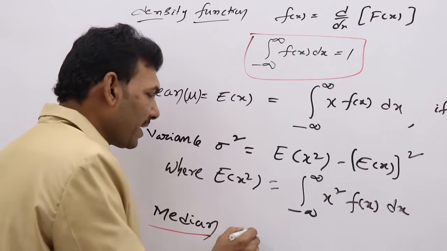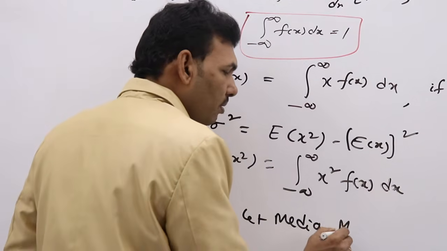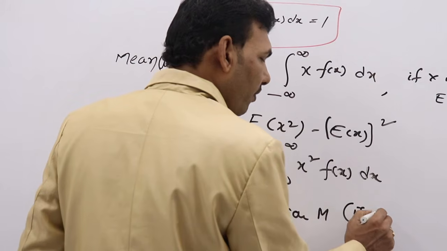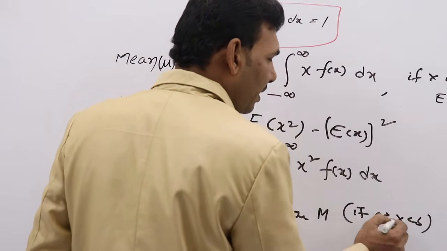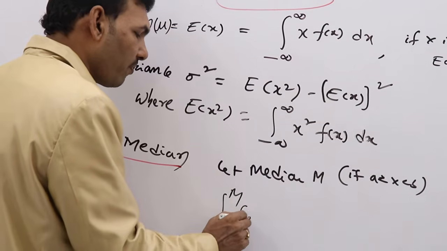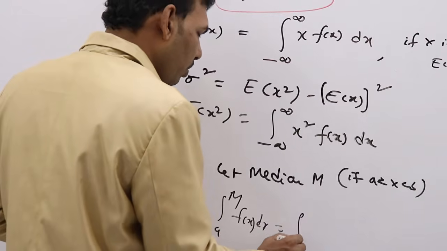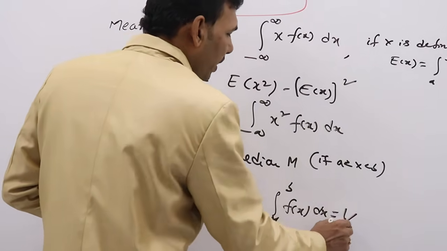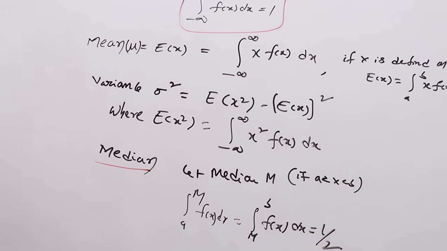Let the median be m. If a less than x less than b is the interval, then we define it like this: the integral from a to m of f of x dx equals the integral from m to b of f of x dx equals 1 by 2.